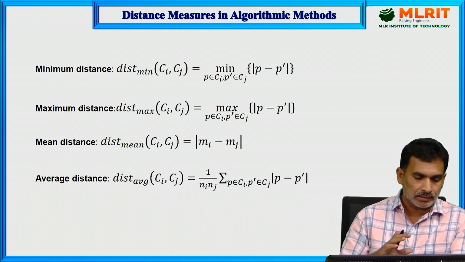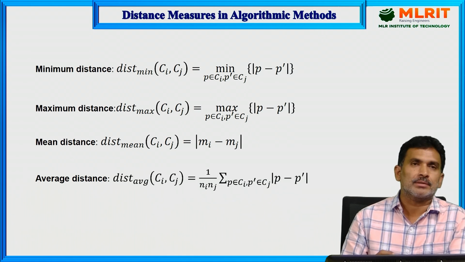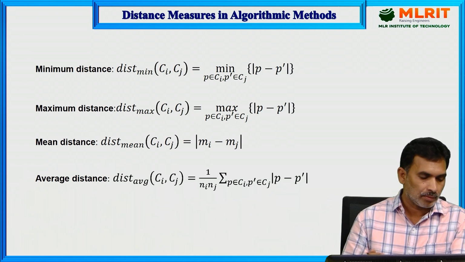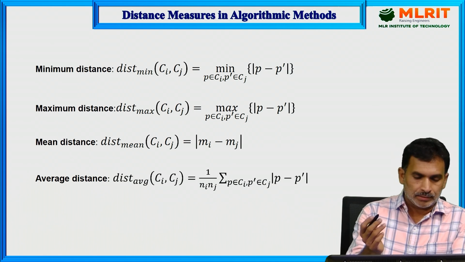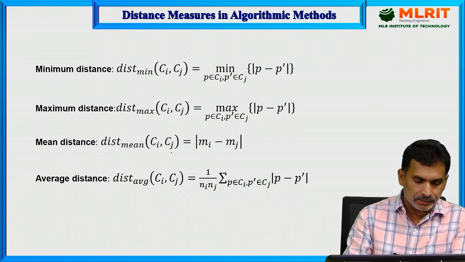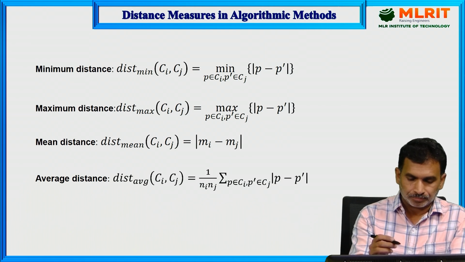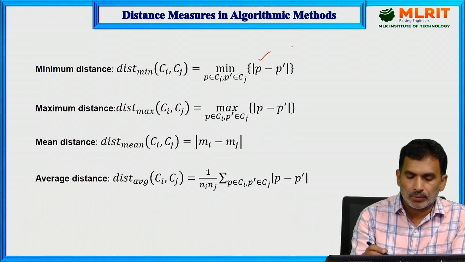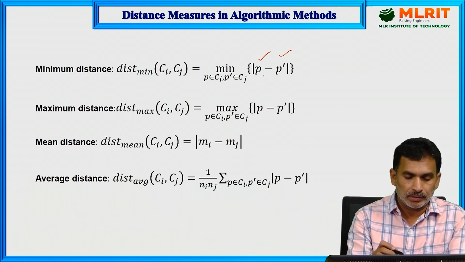There are 4 distance measures used: the minimum distance, maximum distance, mean distance, and average distance. Here Ci and Cj are the clusters, and these are the data points P and P dash. P is a data point of the cluster Ci, and P dash is a data point of the cluster Cj.